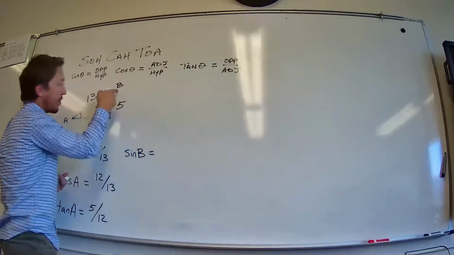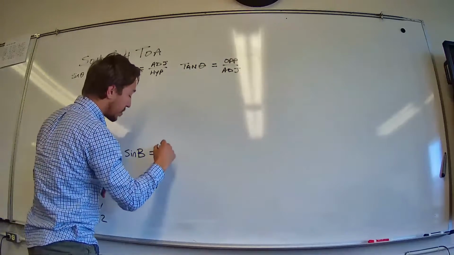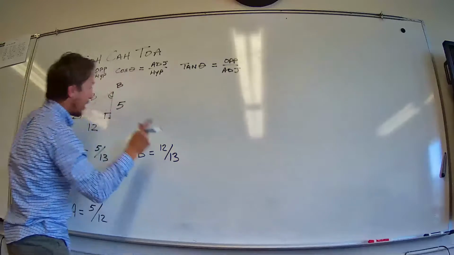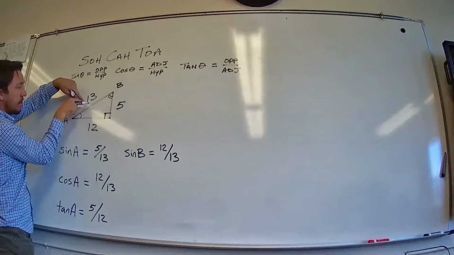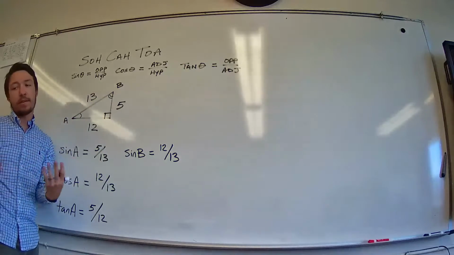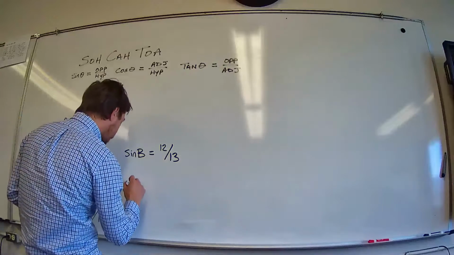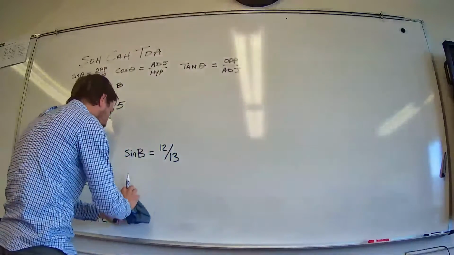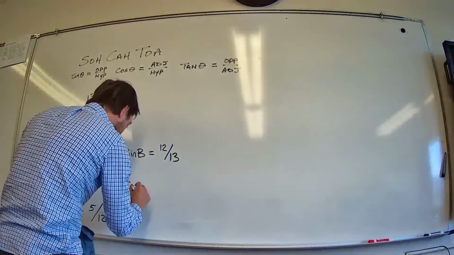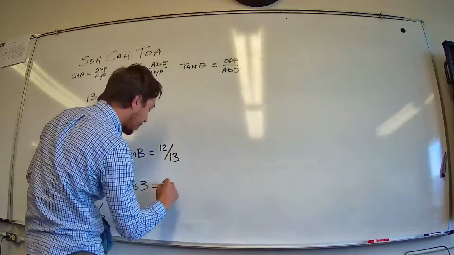The sine of angle B is his opposite side divided by the hypotenuse. They both agree that 13 is the hypotenuse, the longest side of the triangle. Cosine of angle B is 5 over 13.